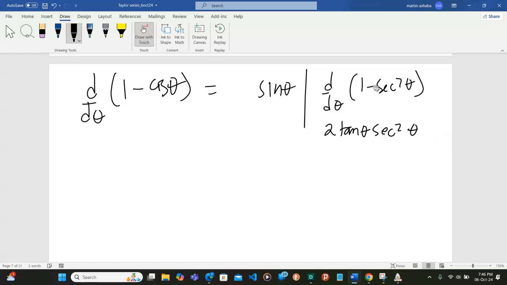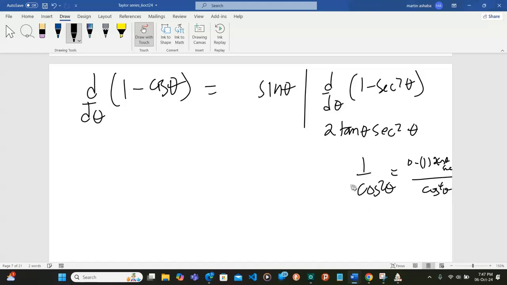If you don't know how to do this, then you go and look at it: if we differentiate 1, you get a 0. But now differentiating 1 over cos squared theta, here you use the quotient rule. So you'll be having v times du, which becomes 0, minus u, which is 1, times dv. If I differentiate cos squared theta, I will have 2 cos theta sin theta, then everything divided by cos to the power 4 theta.